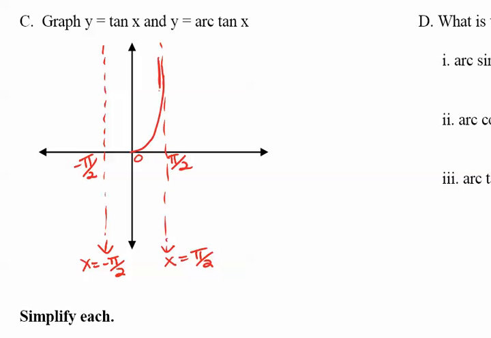In quadrant 1, we know all 6 trig ratios are positive. So remember that here we're in quadrant 1. So that's how you know that it rises between 0 and pi over 2. All 6 functions have to be positive between 0 and pi over 2. So there's one branch of our tangent curve.